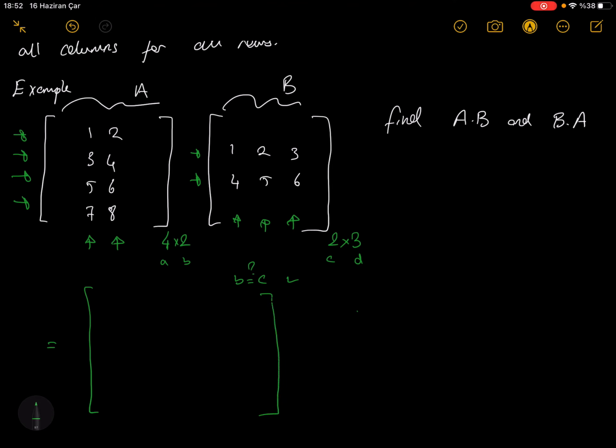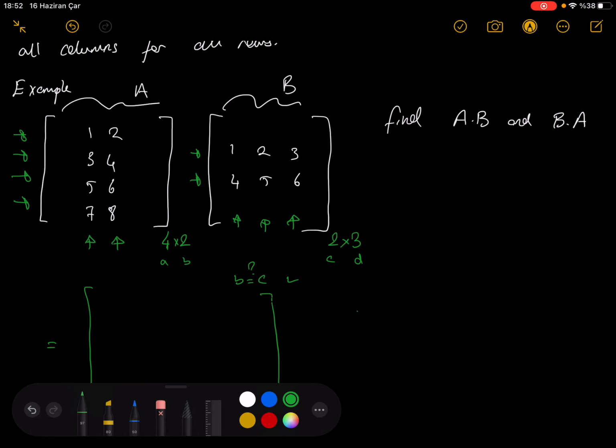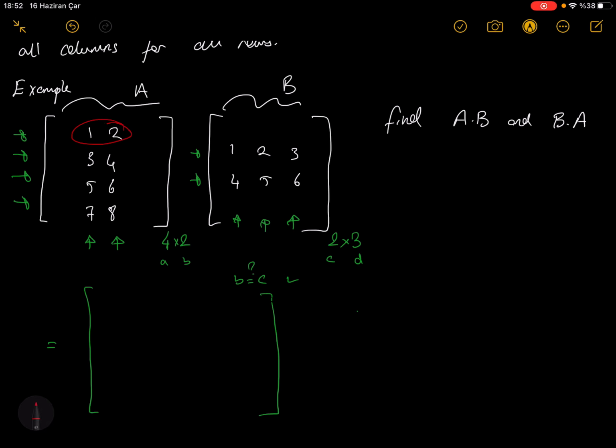Take the ith row of the first matrix, let's say the first row, and take the first column as the jth. This does not matter. I am going to apply the first column. So this is one, right? Both of them are the first one.